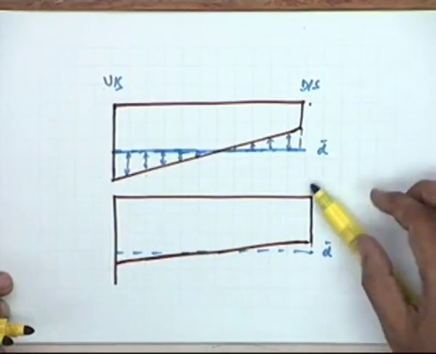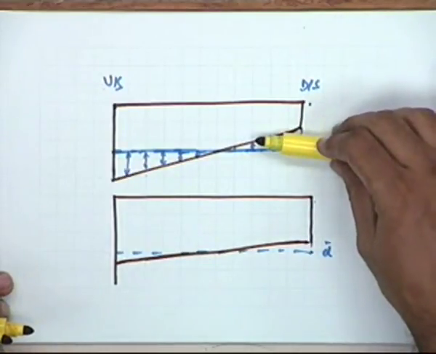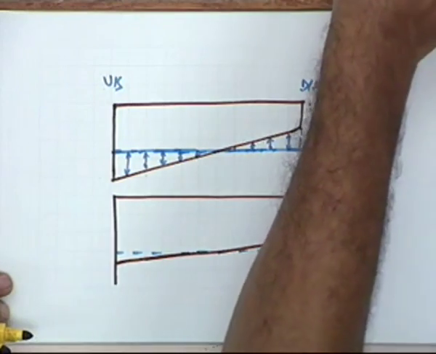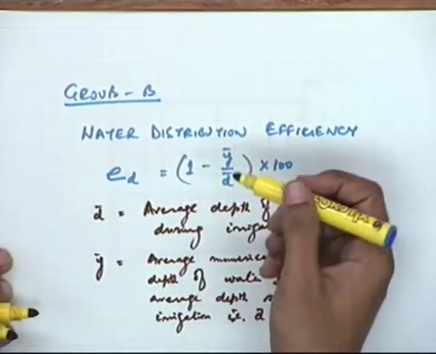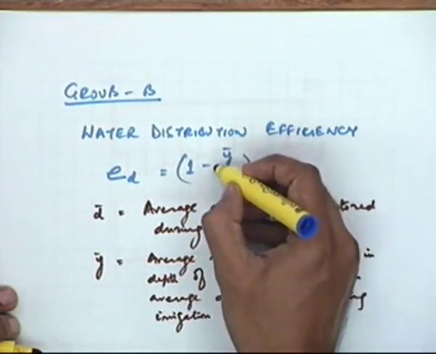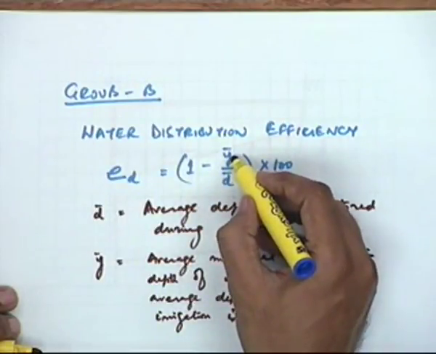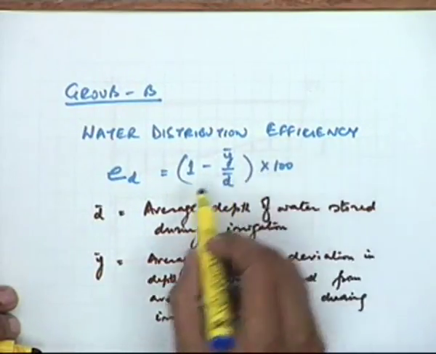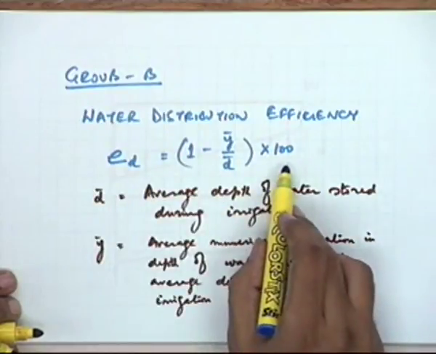So in a situation where the deviations are more, you will get a larger value for this part. If the deviations are very small, you have a very small value, and the distribution efficiency will be very high.